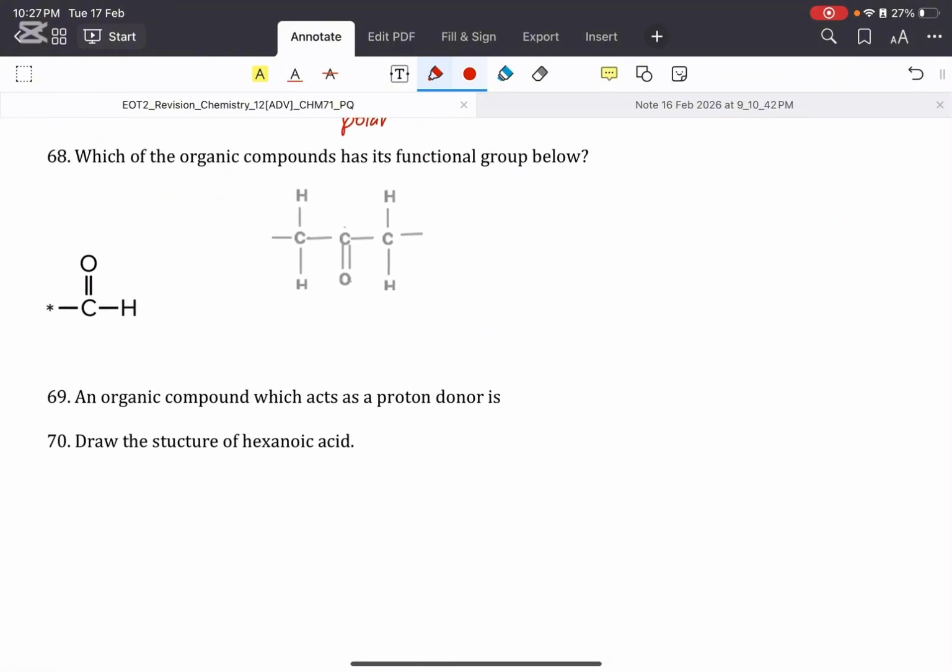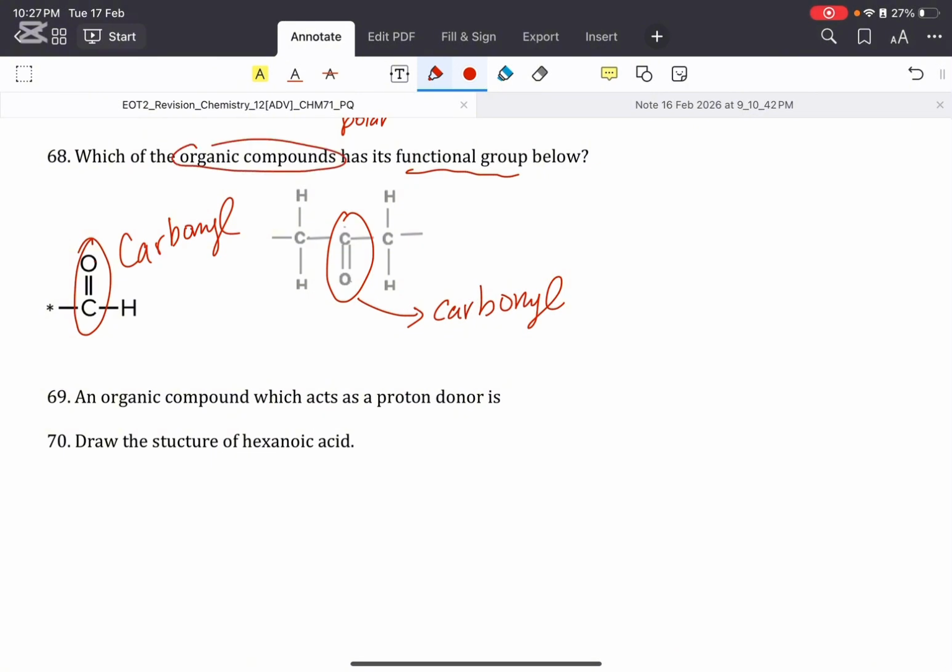Which of the 4 organic compounds has its functional group below? This one again is a carbonyl. They didn't ask me if this is aldehyde or ketone. Sorry, they asked about the organic compound.